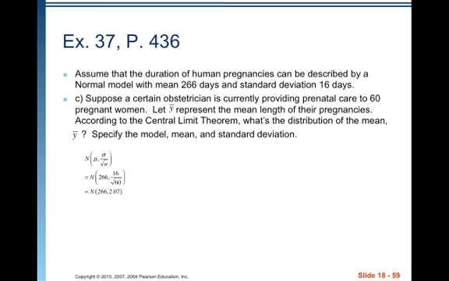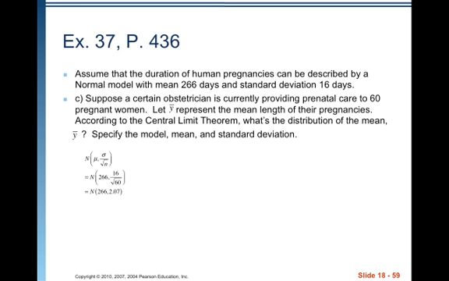So in this case, it's going to have a normal model with a mean of 266 and a standard deviation of 16 divided by square root of 60, which rounds to 2.07. So the work I've shown along with that final statement is sufficient. You do need to show the work. You need to show the formula for what you're finding and the plugged in values, and then you can give the final answer.